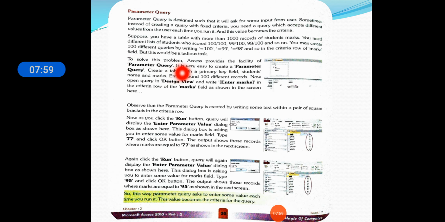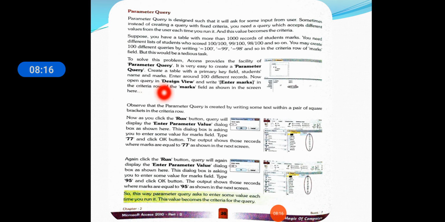To solve the problem, Access provides the facility of parameter query. It is easy to create a parameter query. Create a table with a primary key field, student name and marks. Enter around 100 different records.